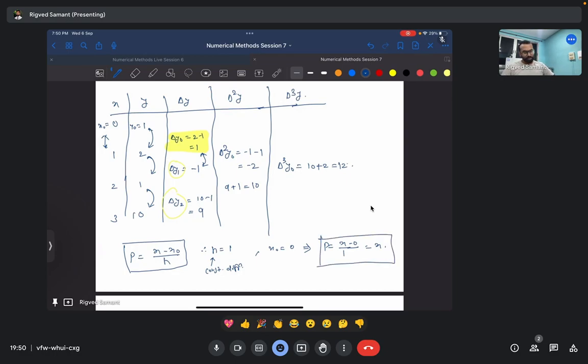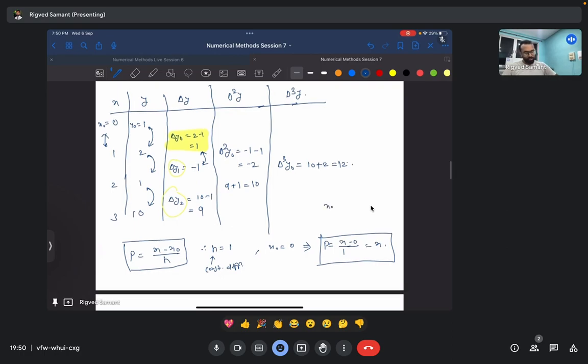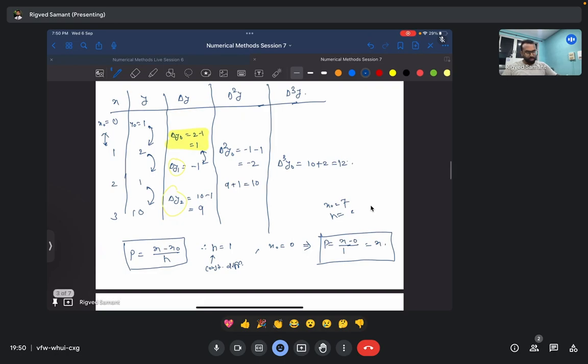data set. Okay, if your x naught value changes, say your x naught value is equal to 7 maybe, and the constant difference h is 2. Let's say you have a data set x comma y that starts with 7, 9, 13, 15.